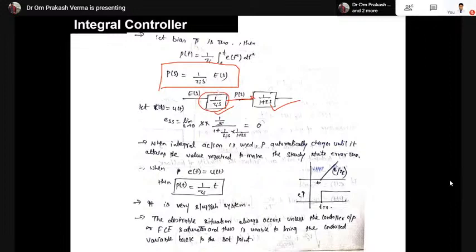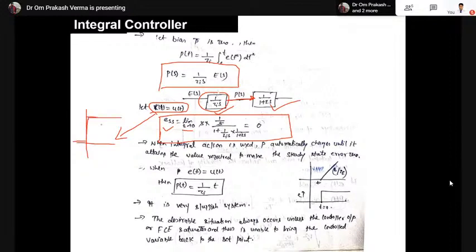So now let's calculate the error. We have taken the input as a step input. Generally we take a step input because the disturbance is always taken as a step, not random.